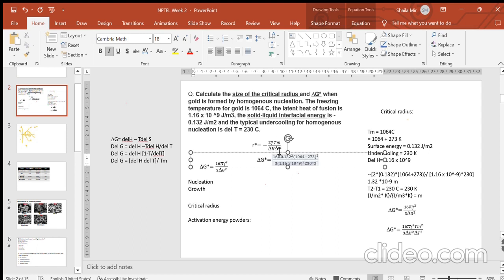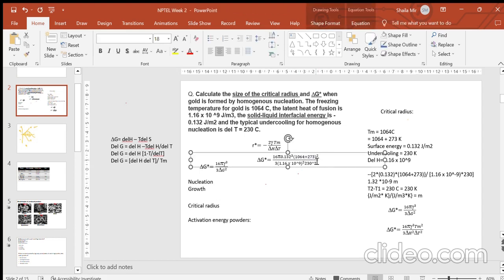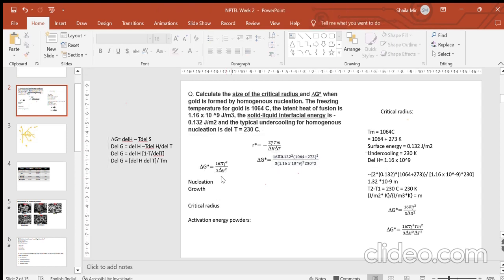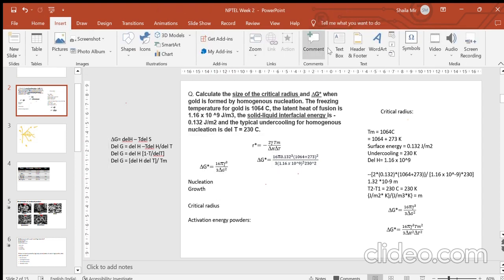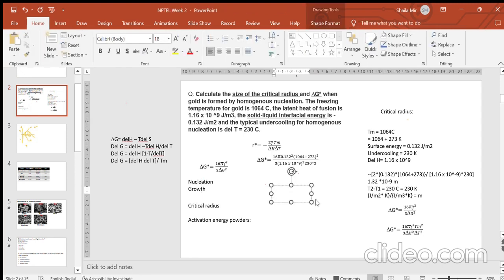So this is the final value for delta G. Can anybody tell me what is the answer for this? Somebody can calculate it, the value of delta G. You just have to plug in these values in the equation.